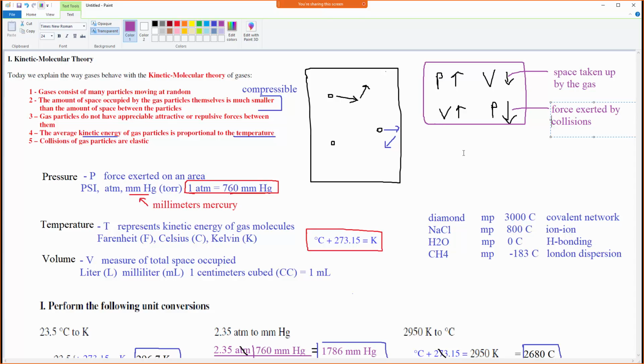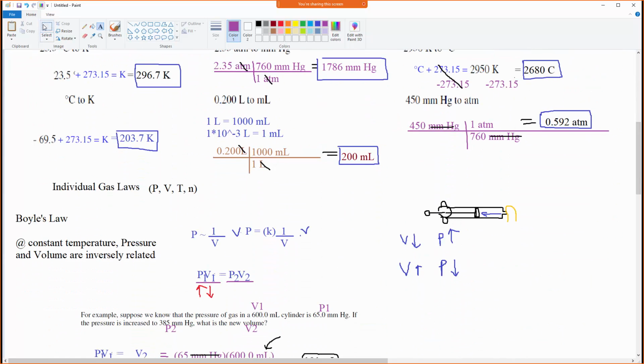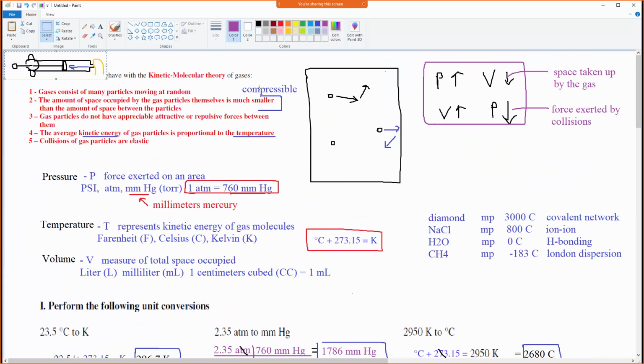So what happens as we lower the volume in our little syringe? Let me copy that up here. We open the syringe, we stick our thumb on it, and then we try to close the syringe. Then we take this sample of gas in this chamber and we give it less space.